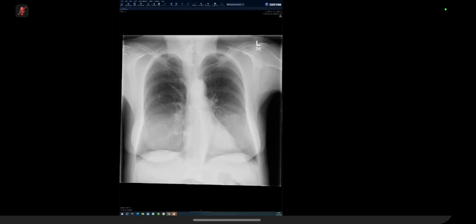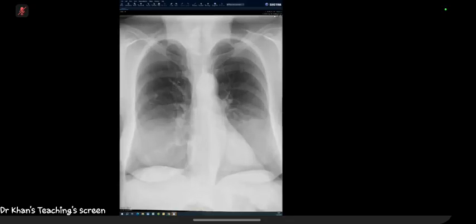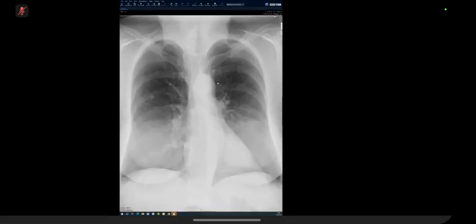I'm trying to delineate to see where these opacities could be. Okay, I think these are breast implants.